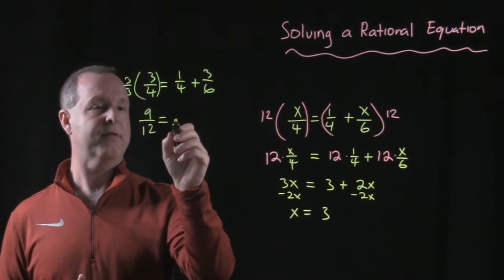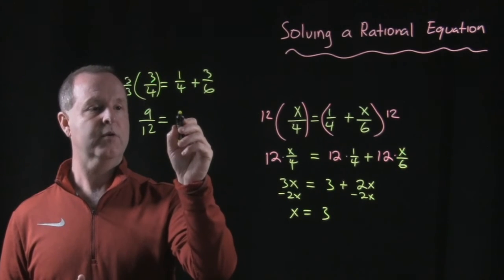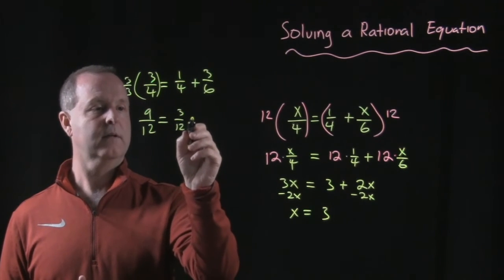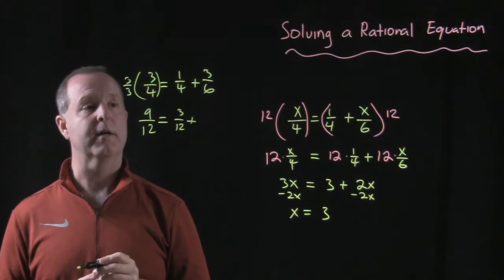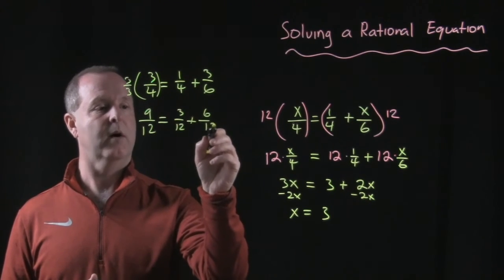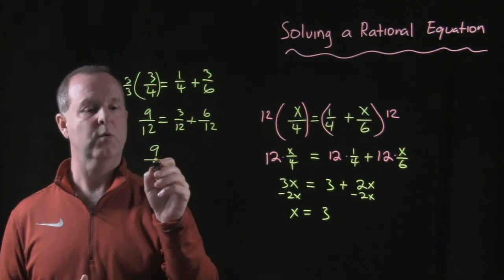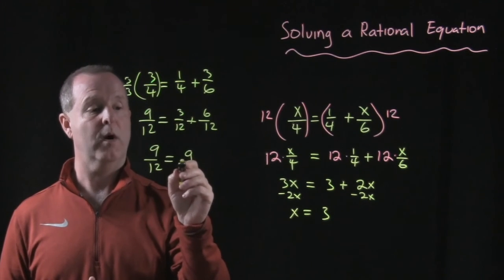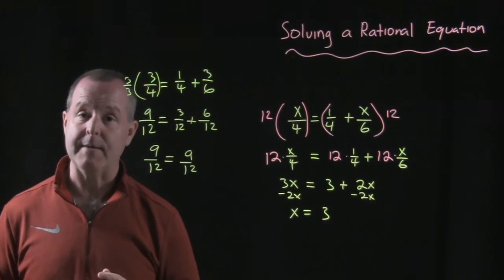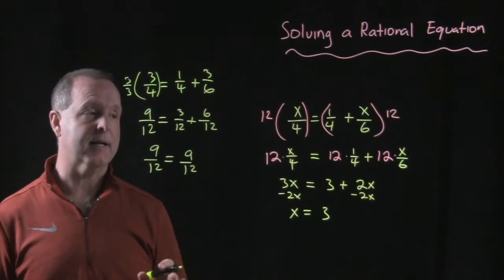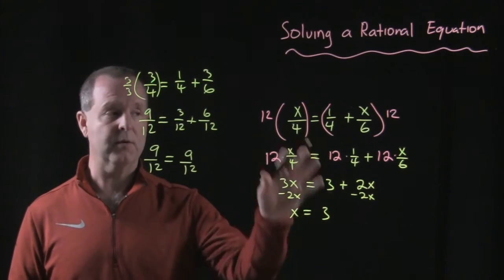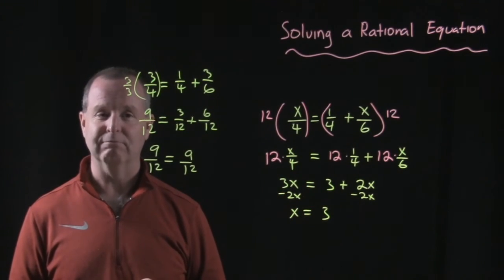Multiply that one by 3 over 3, which makes that 3/12. Multiply that one by 2 over 2, which makes that 6/12. And you can see that 9/12 equals 9/12, which is a true statement. We get true statements because we found the correct value that makes the original statement true.